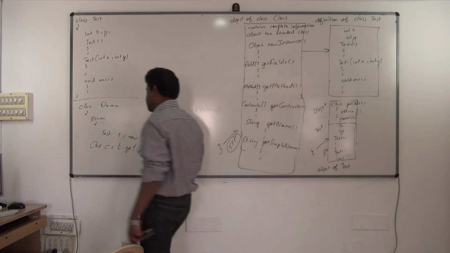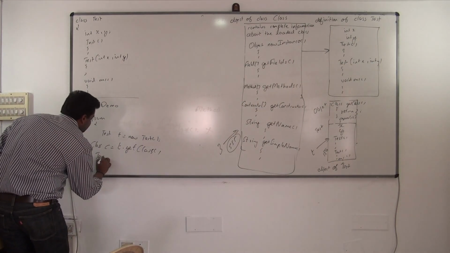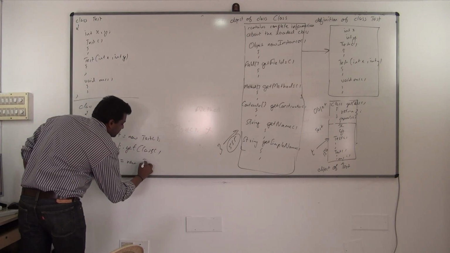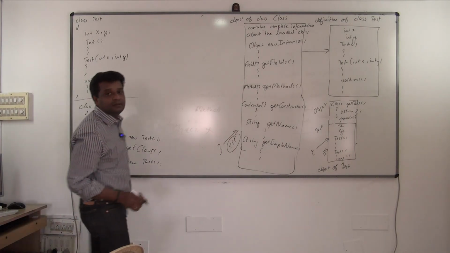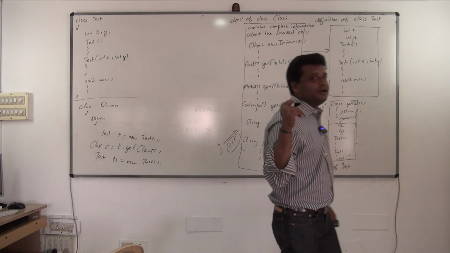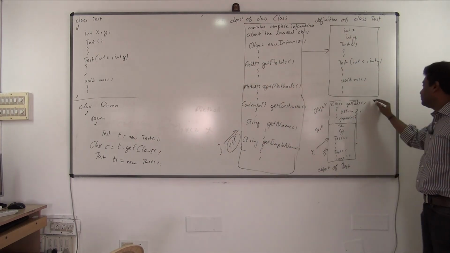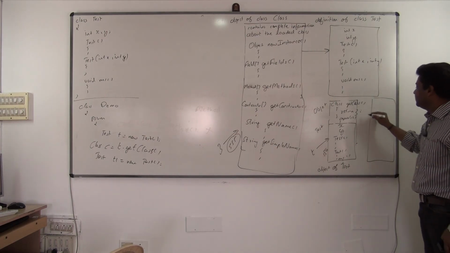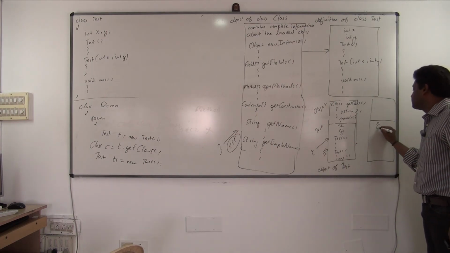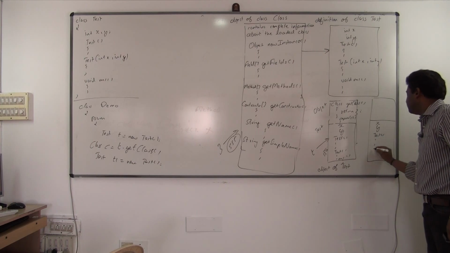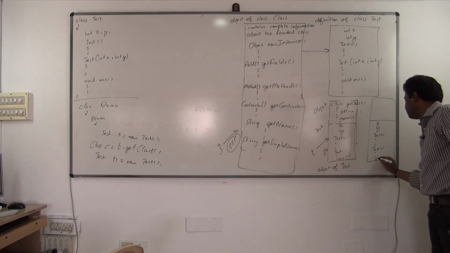Next, if I by chance say Test T1 is equal to new Test, what happens now? The class is already loaded. Understood? Only an object of test gets created. Again it will have X, Y, the constructor, and the M1 method.